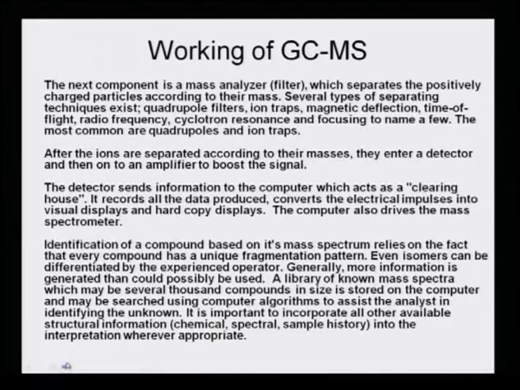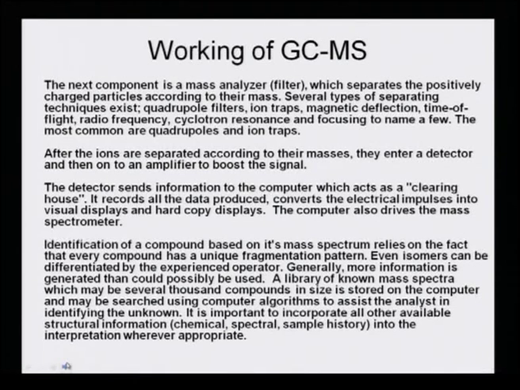The pattern never changes because the lability of the bonds never changes, and that is the reason why mass fragmentation gives us a good idea of the molecular structure. Even isomers can be differentiated by the experienced operator.